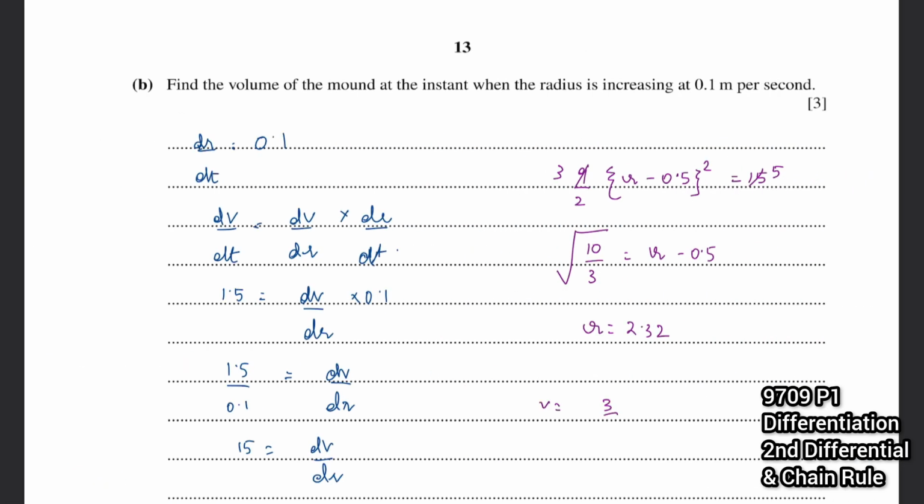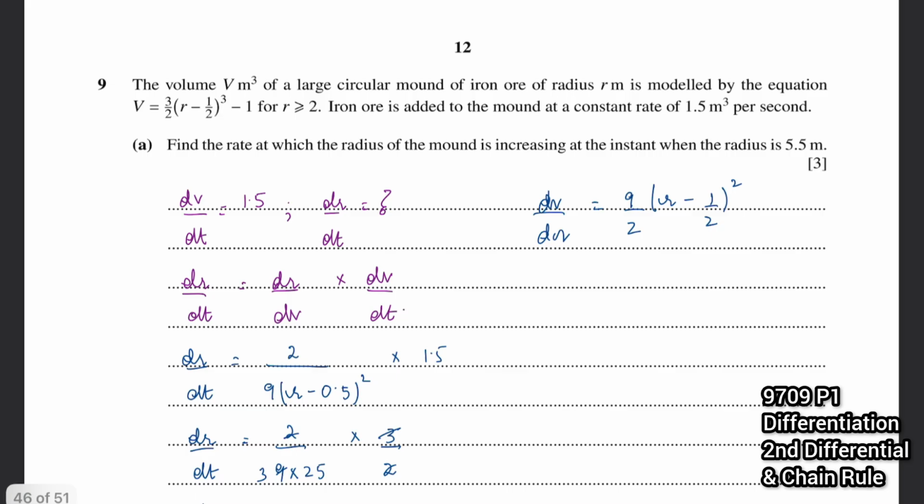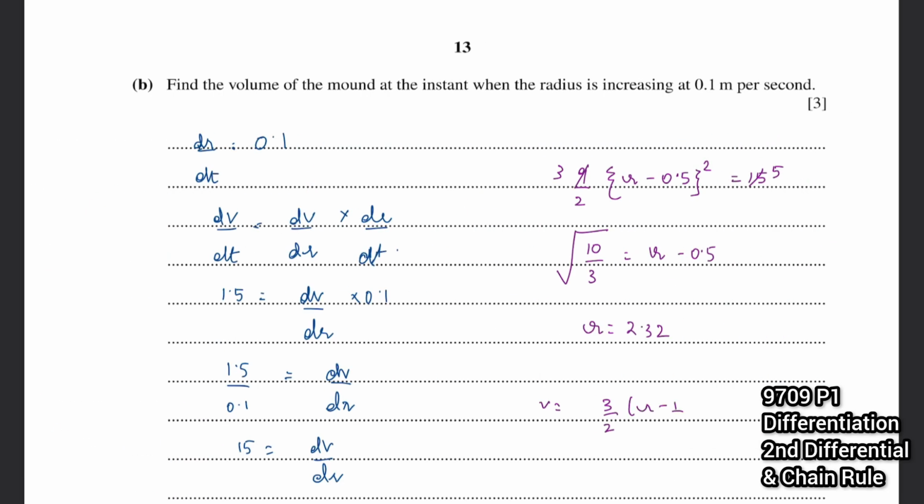Volume is equal to 3 upon 2 into r minus half cube, minus 1. So volume is equal to 3 upon 2 into 2.32 minus half cube, minus 1, which is 8.04.